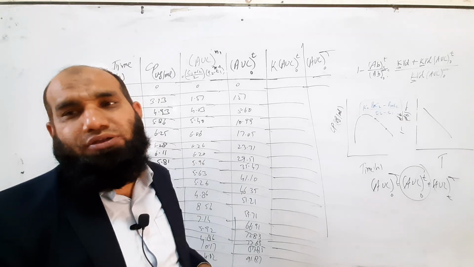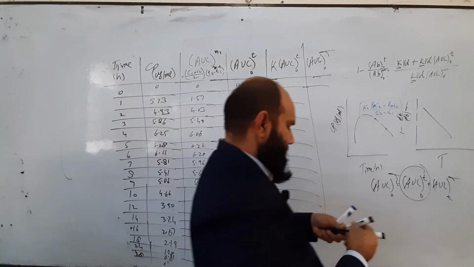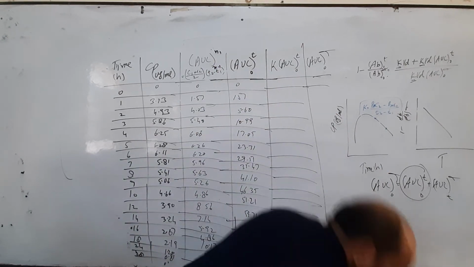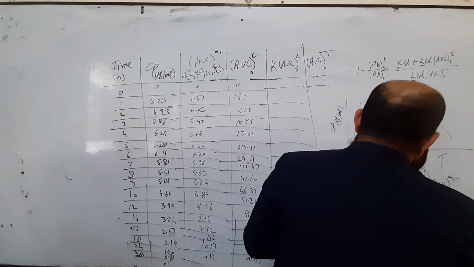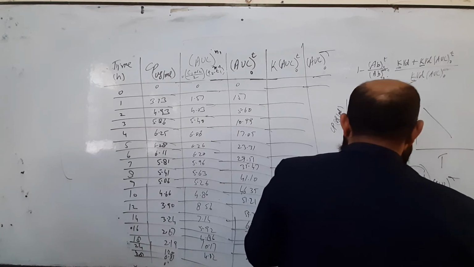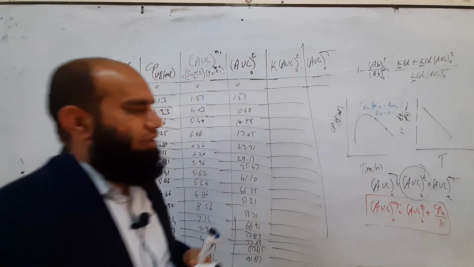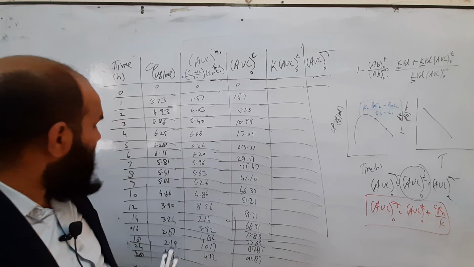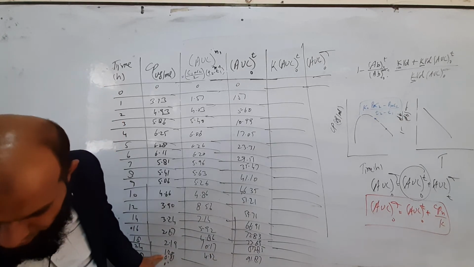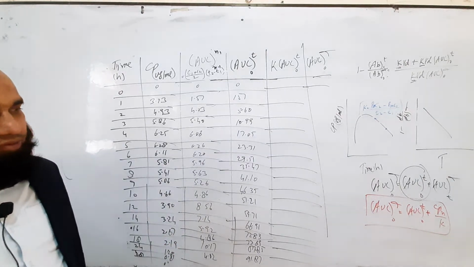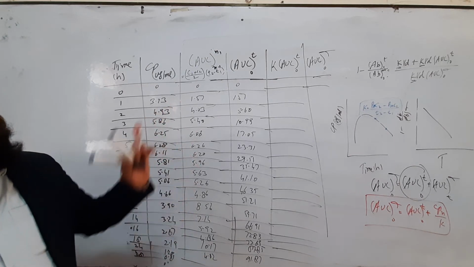It is Cpn over K. So AUC 0 to infinity is equal to AUC 0 to T plus Cpn over K. Cpn is the last observed concentration. Remember, this is maybe 0.10, divided by 0.1, the answer is 1. So 1 should be added in the AUC 0 to infinity.